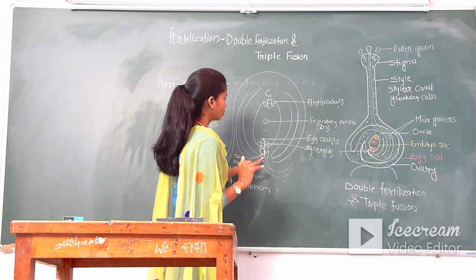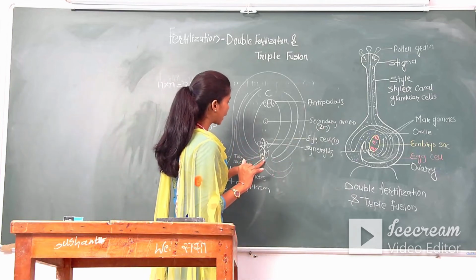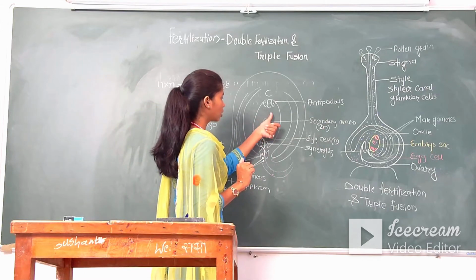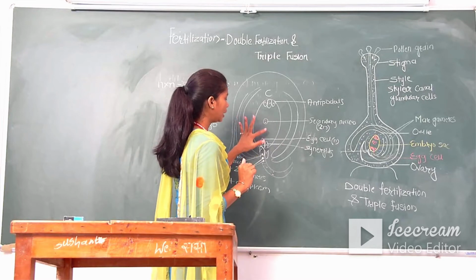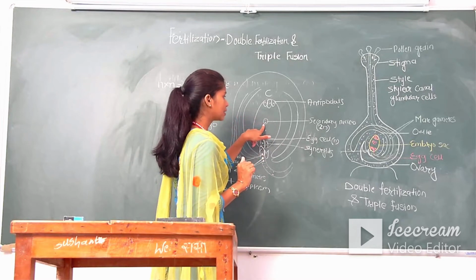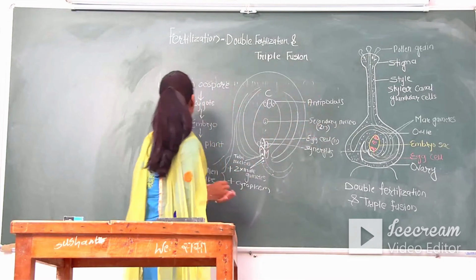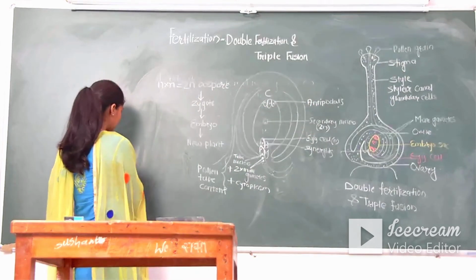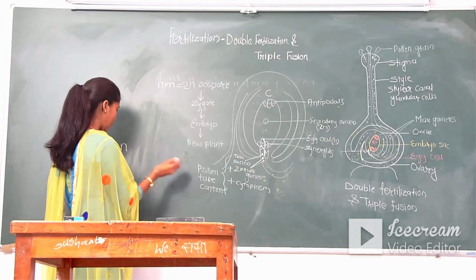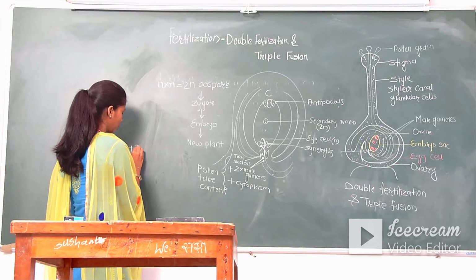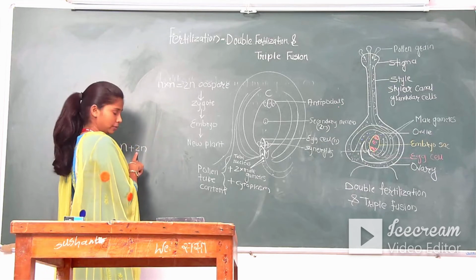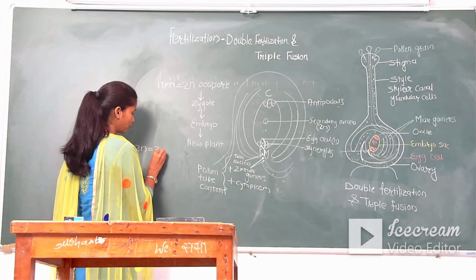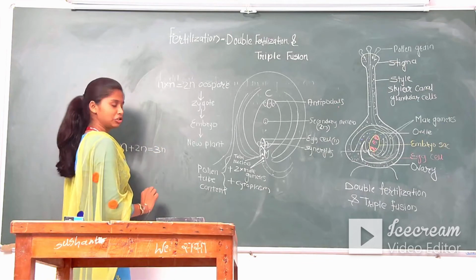Now, the second male gamete goes inside the embryo sac and fuses with the secondary nucleus. This second male gamete, which is haploid, fuses with the secondary nucleus, which is diploid, and forms a triploid condition.